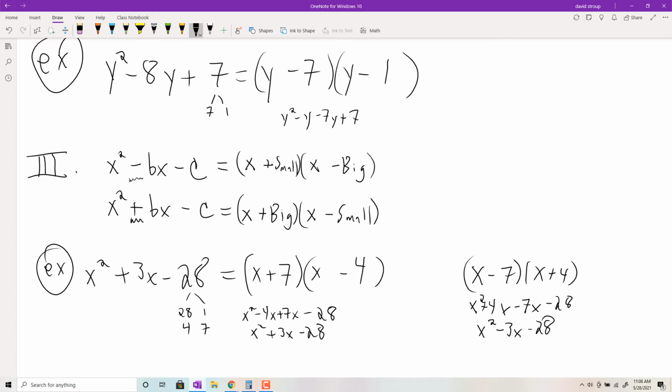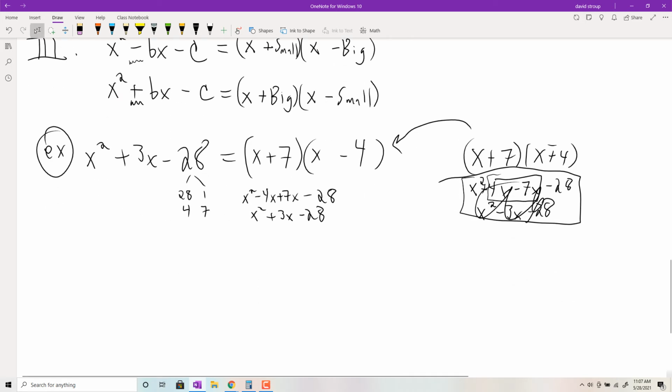That's why you want the bigger number to be positive, because when you combine them like that, if the bigger number is positive, you end up with a positive in your second sign position. But like I said, even if you screw it up, when you check by FOILing out in your brain, you should be catching it. In that case, you just switch, turn this one plus, turn this one minus, and you'll have the answer.